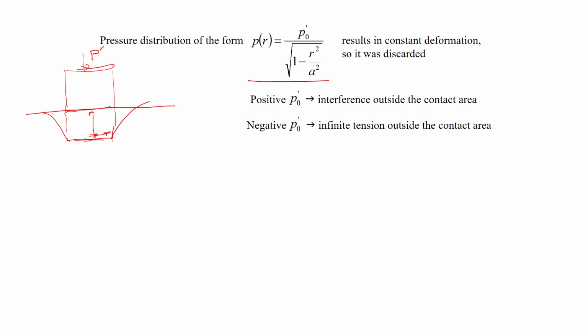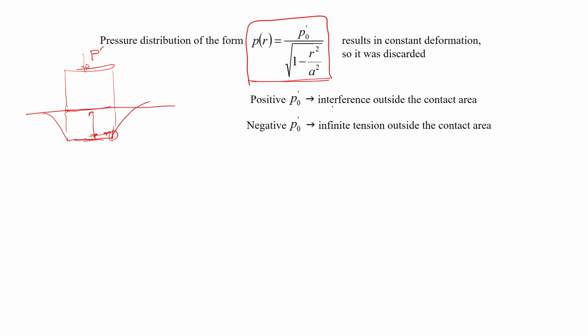When there is no interaction between them, we do not need to consider this particular pressure distribution, because of a couple of reasons. One is that if P0 dash is positive, then there will be interference outside the contact area, which is not required, because of this particular singularity there will be problems.